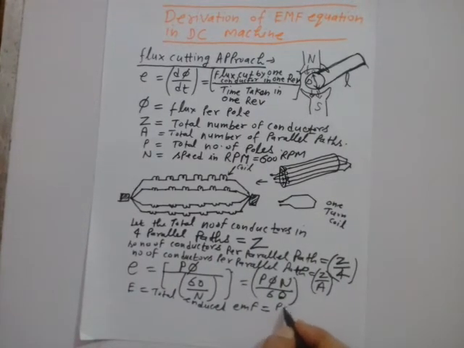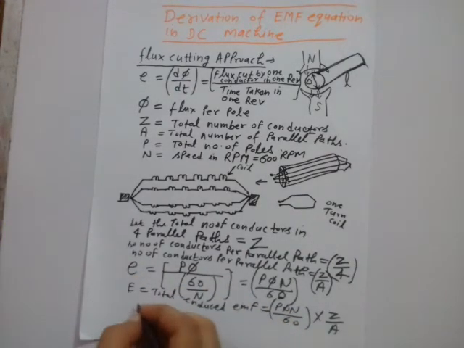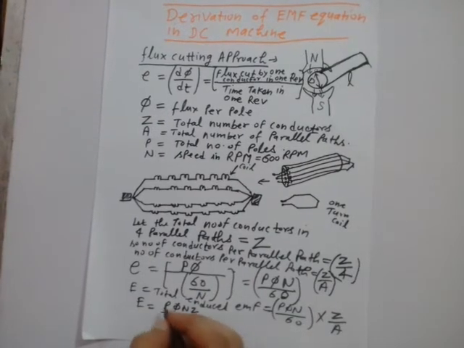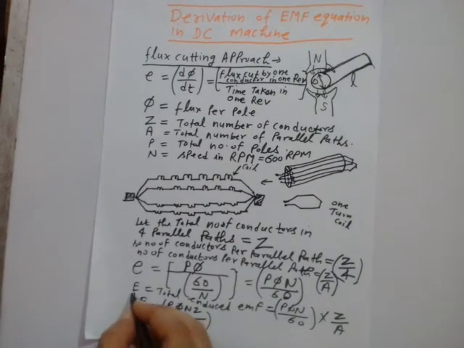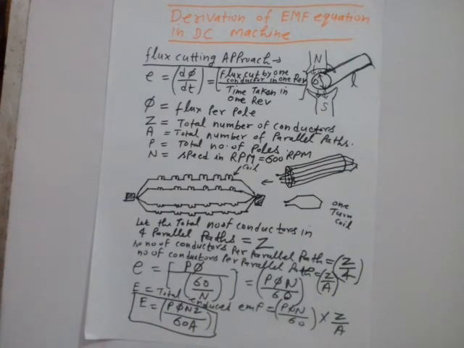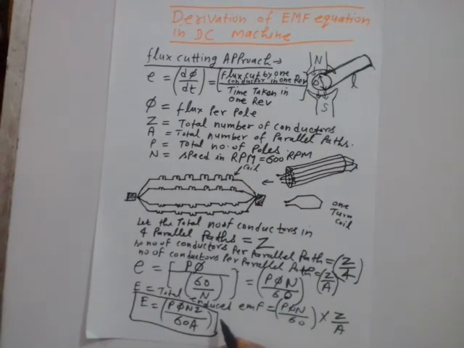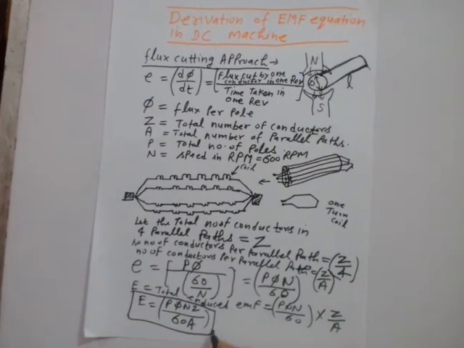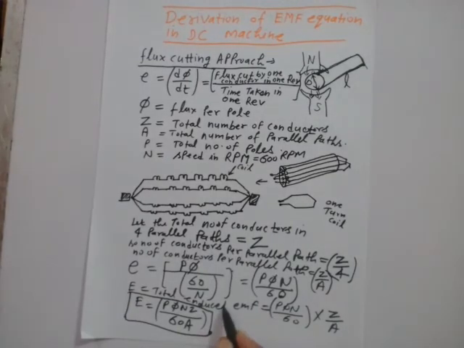So you will write P phi n by 60 multiplied by Z by A, right? So what is the expression for induced EMF finally? P phi n Z by 60 A. You understand this? So this is the EMF induced in a DC machine, right? The same EMF it will be for a DC motor, right?